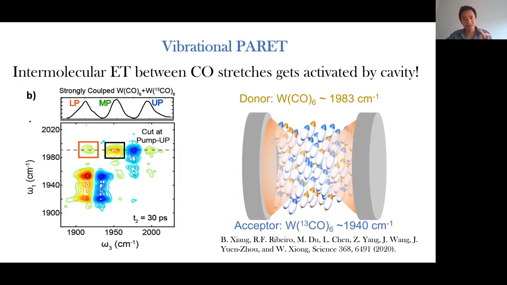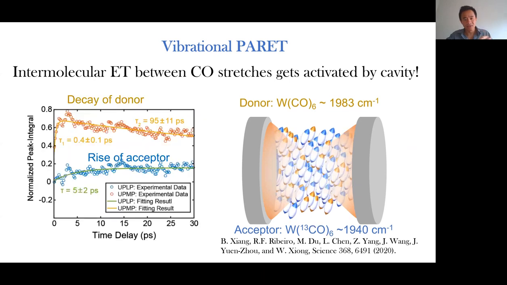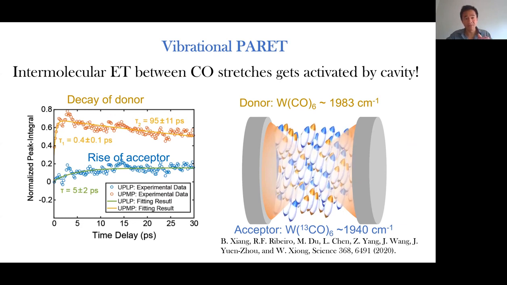And what he saw in 2D spectroscopy was that within 10 picoseconds, there was transfer of energy between one isotopomer and the other. And that never happens outside of the cavity, because the dipole-dipole interactions in that regime are very weak, and they are screened by solvent. So this demonstrates that the cavity really affects the chemical dynamics of these systems, and this is beyond the statistical decay.